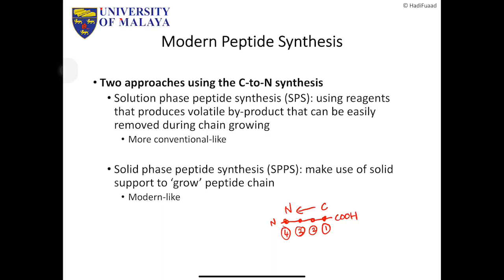So it's more conventional, but there are still issues. When you rotovap, you will remove the solvent as well. If you are removing the byproduct and the solvent, then the reaction will occur, but you still need to add in more and more solvents. That's one issue of doing solution phase.